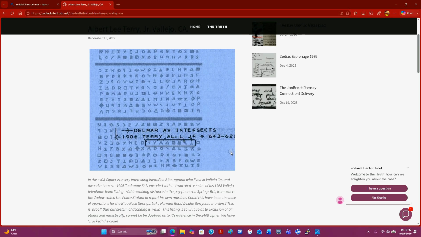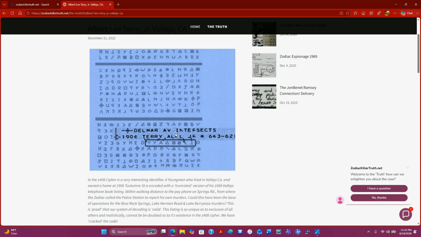We went and said most of the murders were committed in Benicia, which is in Vallejo. And where we got the math problem, in big letters, it said Vallejo. So we went to the Vallejo phone book and we found this listing on 1906 Tulumi Street, however you pronounce that word, right?